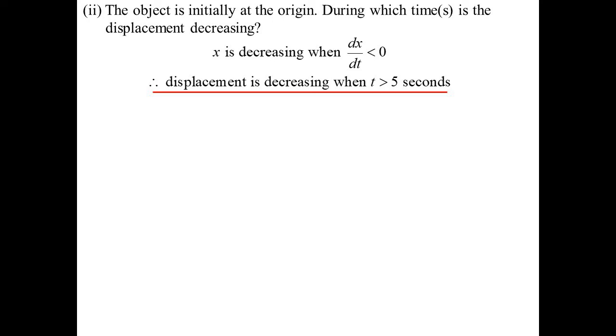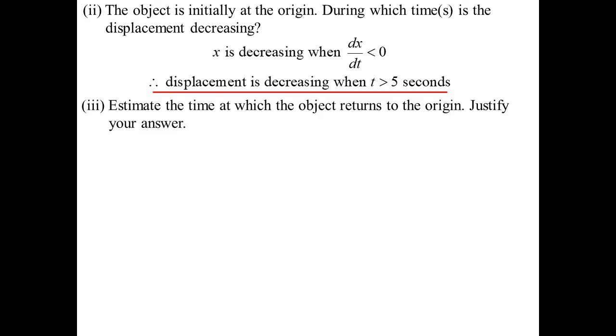Well, have a look at our graph. The area is positive when the graph is above the axis, and that goes from 0 to 5. Once it goes below, how do we know? Have a look at the graph. We're simply saying, when is this derivative graph negative? And it's underneath the axis once we get to 5. Displacement is decreasing when t is greater than 5 seconds.